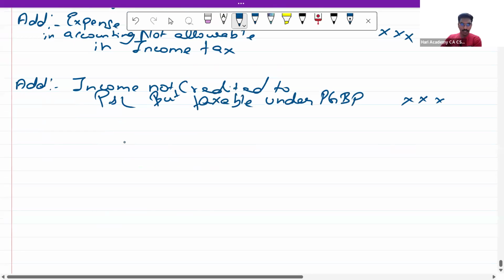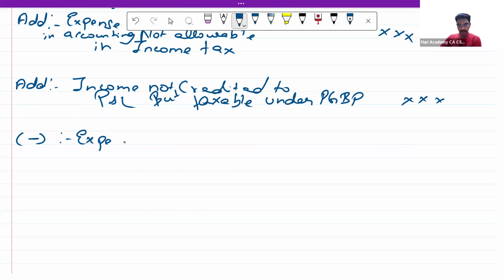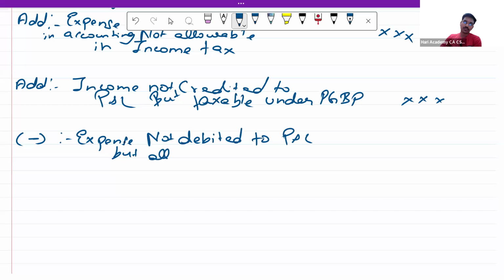The first subtraction is expense not debited to P&L but allowable as expenditure in income tax.